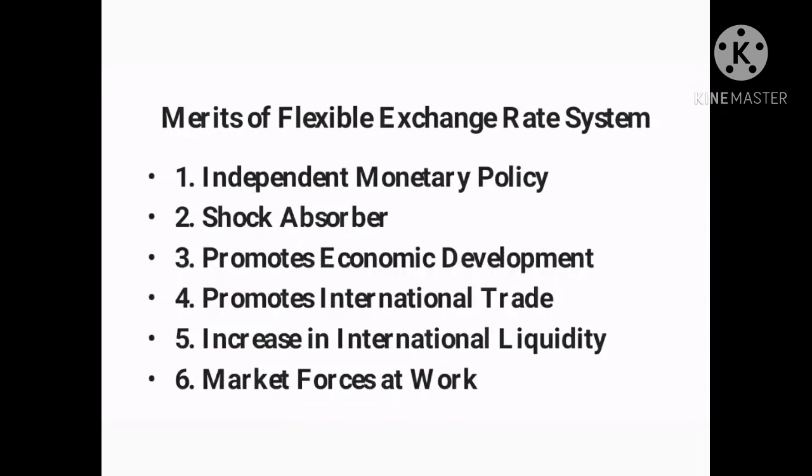Now, next is merits of flexible exchange rate system. First, independent monetary policy. Under flexible exchange rate system, a country is free to adopt an independent policy to conduct properly the domestic economic affairs. The monetary policy of a country is not limited or affected by the economic conditions of other countries.